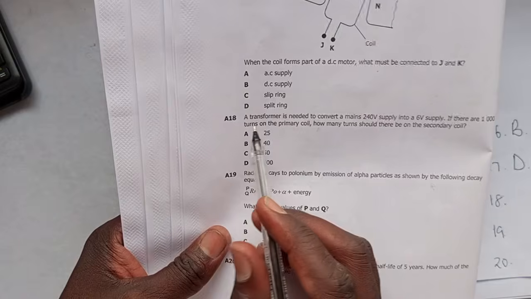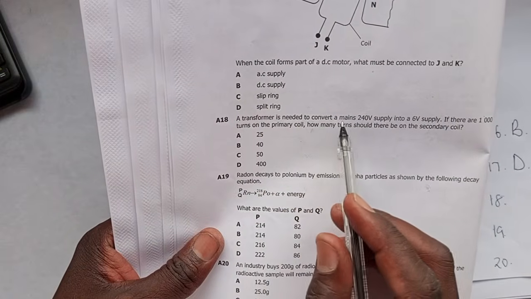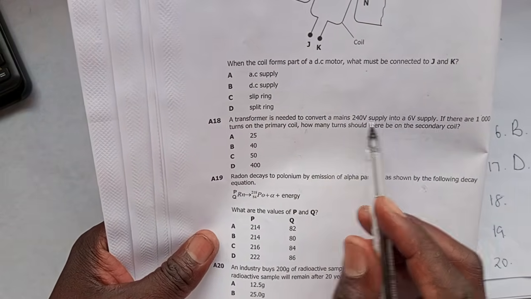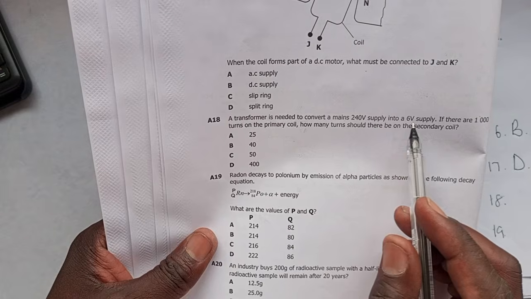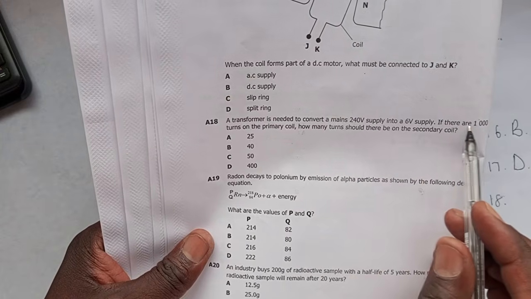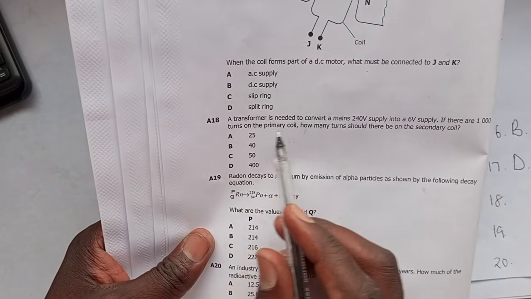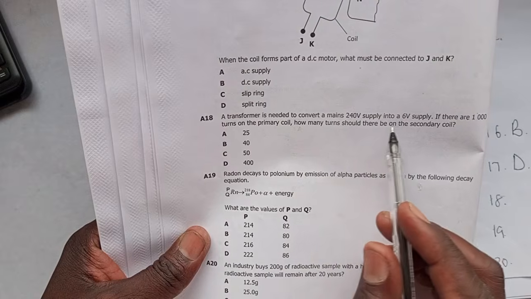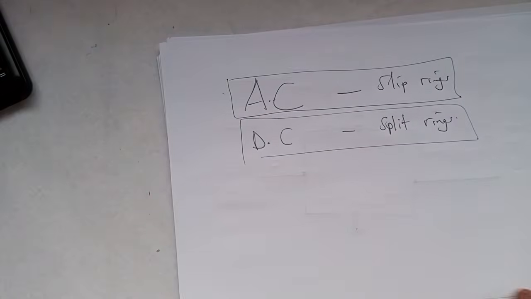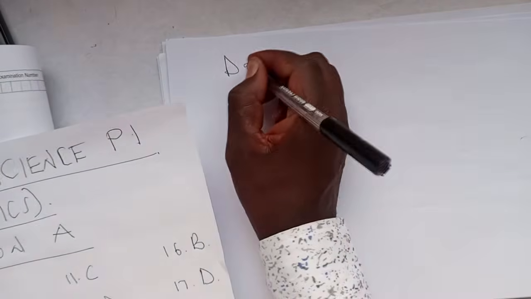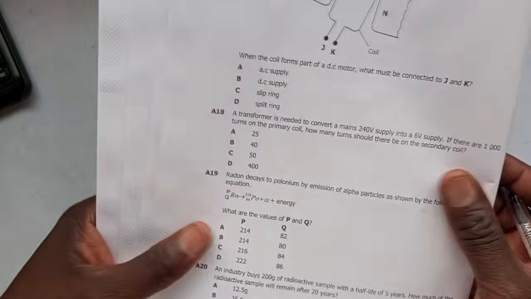We move on to question 18. A transformer needs to convert a mains 240 volts supply into a 6 volt supply. If there are 1000 turns on the primary, how many turns should be there on the secondary coil? So as usual, we need to come up with the data. Let's read the question again.